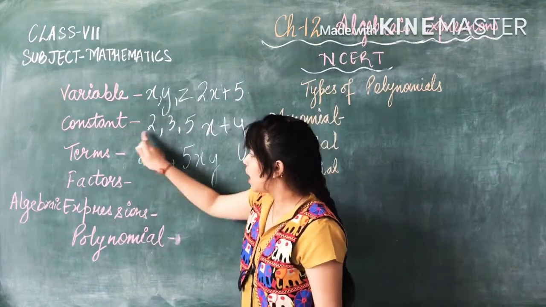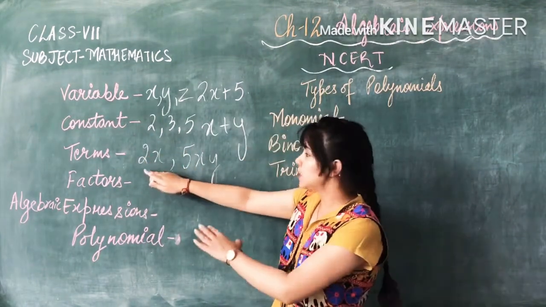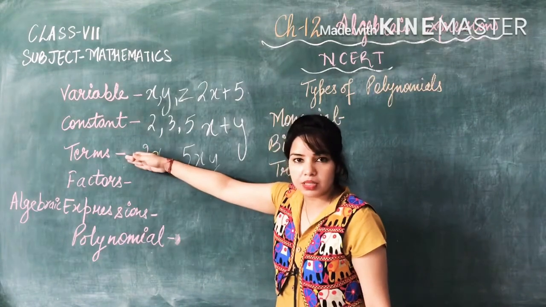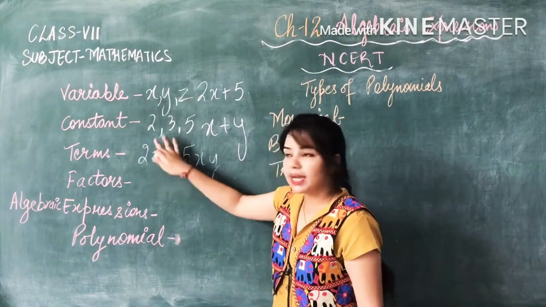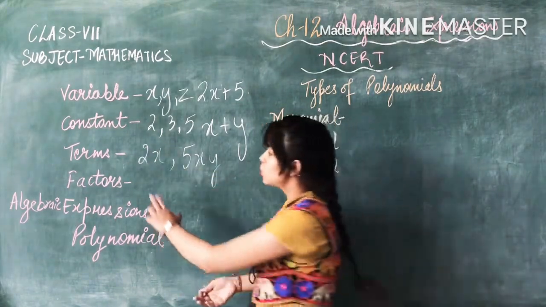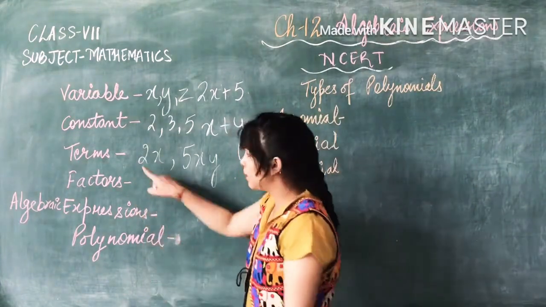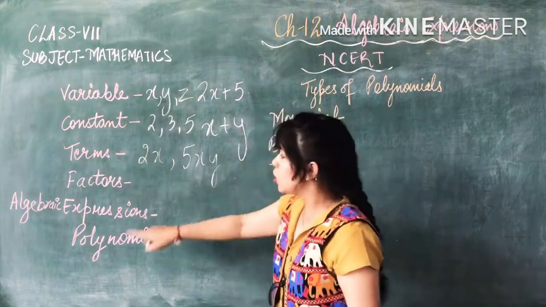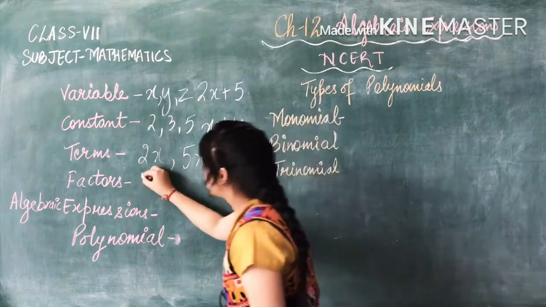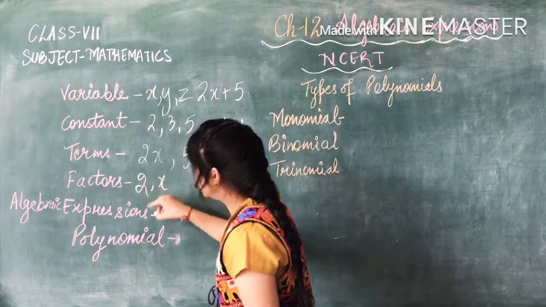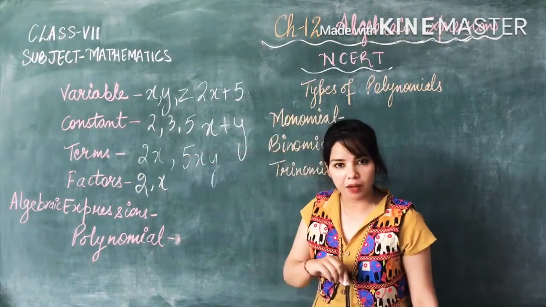Now, factors are the numbers which form the terms like 2x. 2x is formed using 2 and x. They have been multiplied and then the term is formed. So what are the factors of this term? 2 and x are the factors of this term.